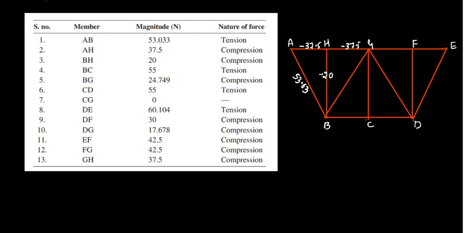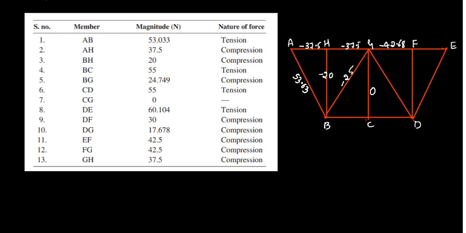BG is 24.74, which is nearly 25, in compression, therefore I will write it as minus 25. GC we have 0, that is the zero member force, and this is 42.68, that is FG.